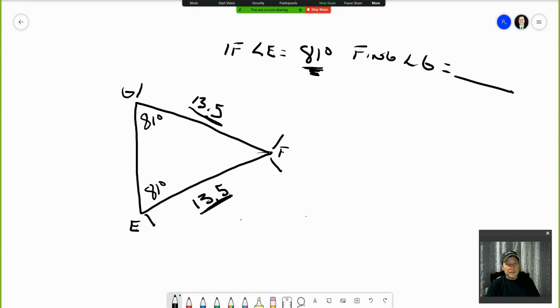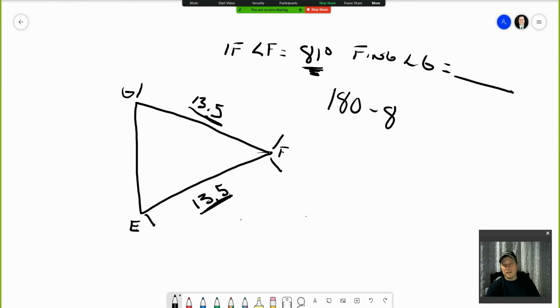Now, what if I didn't give you the base angle? What if what I said was, let's say angle F equals 81 degrees. Can we solve it now? You would subtract 81 from 180 and then divide by 2, correct?